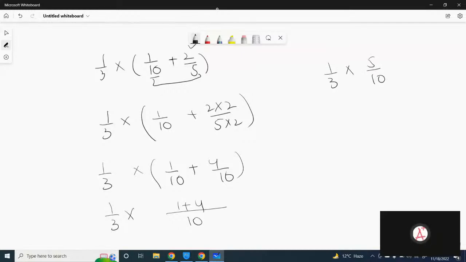Now just multiply numerator times numerator and denominator times denominator. It would be 5 times 1 is 5 and 10 times 3 is 30. We have a common factor that can divide both numerator and denominator. Just divide them by 5. 5 divided by 5 is 1 and 30 divided by 5 is 6. It would be 1 over 6. Got it, everyone?